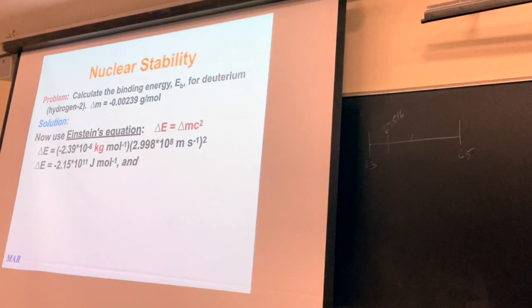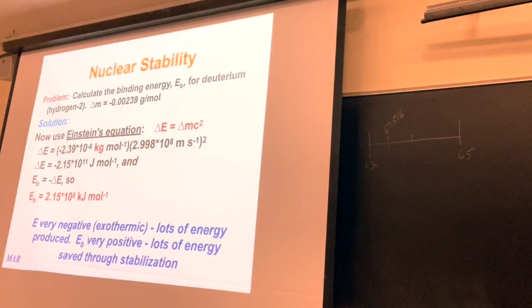That's the energy here. And if you do a little bit more with it, the binding energy is the opposite of this number, all right? It's a way that scientists have made the number positive. So you get this 10 to the 8th kilojoules per mole. And this is kind of a cool number because it shows why deuterium wants to form in the first place.